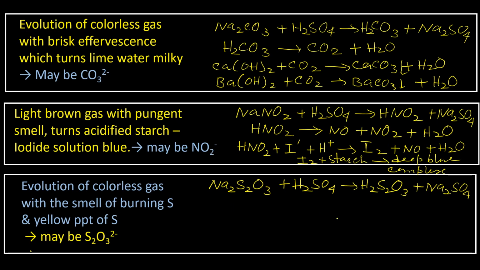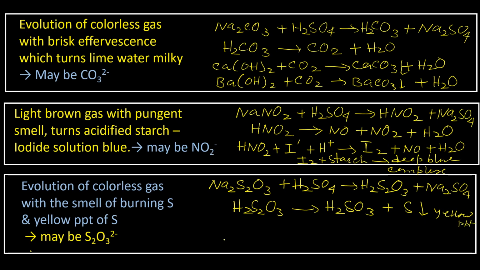Now this thiosulfuric acid, what will happen? It will decompose to sulfurous acid, H2SO3, plus sulfur. So this colloidal sulfur is deposited, which is a yellow precipitate.